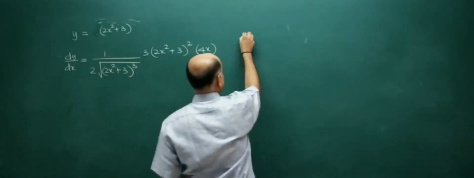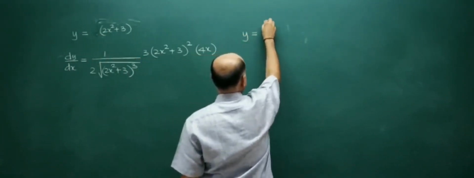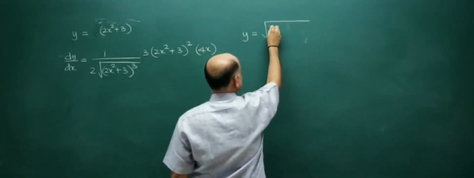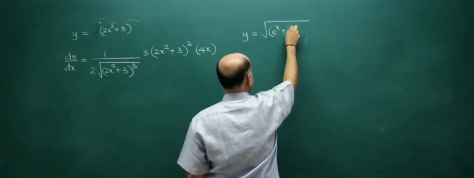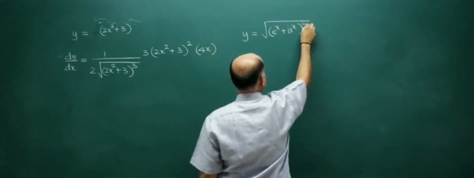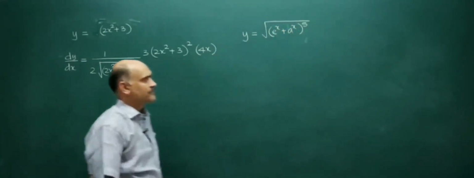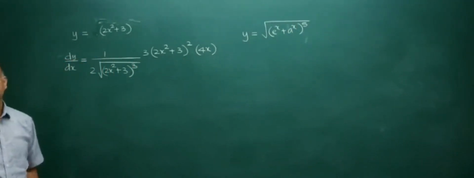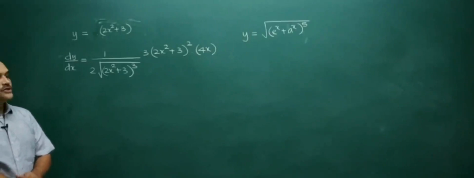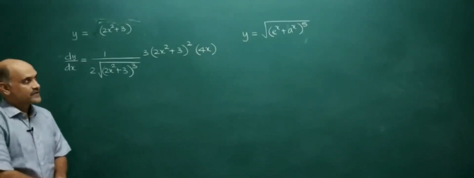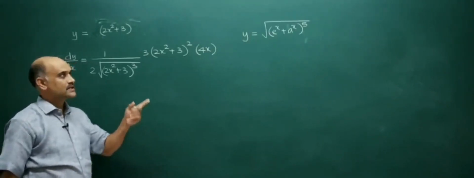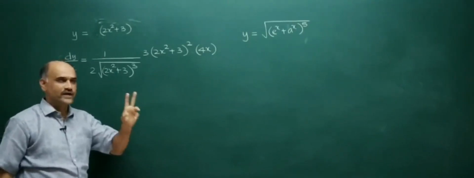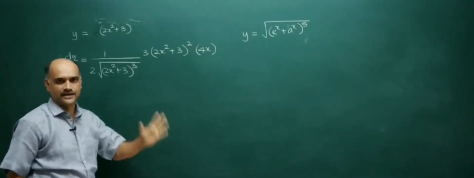Similarly, try this one. y is equal to root of e raised to x plus a raised to x, bracket raised to 5. So first you are required to differentiate root, then power 5, then bracket.